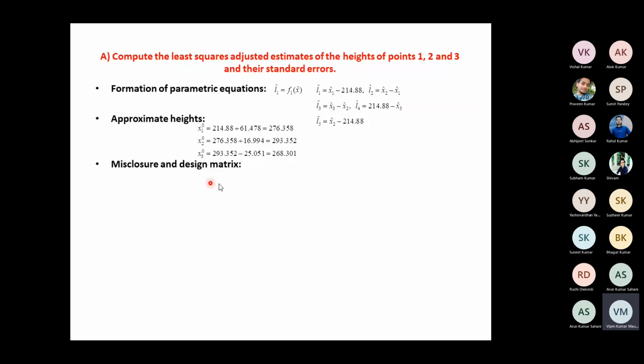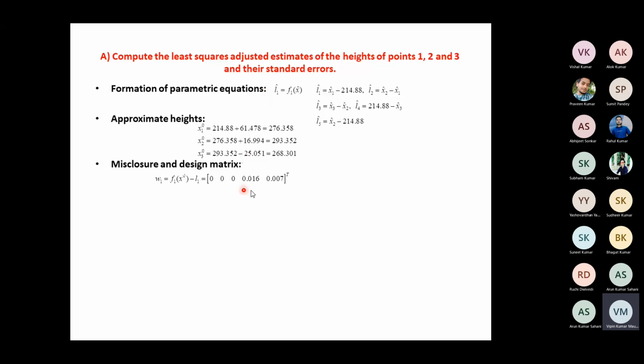But we have to compute the weight matrix and the design matrix also. We can see the residuals, what would be the misclosure, because we have approximate heights. So we can directly think about misclosure, because for this equation L1 equal to F1x, we write L plus V equal to AX.